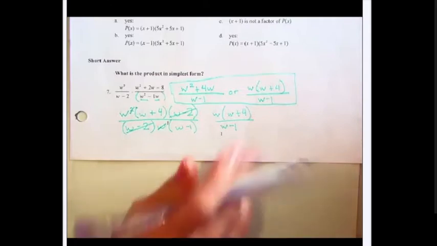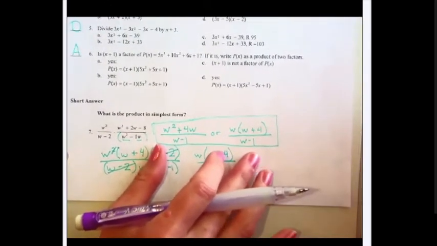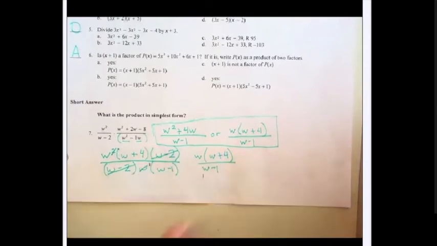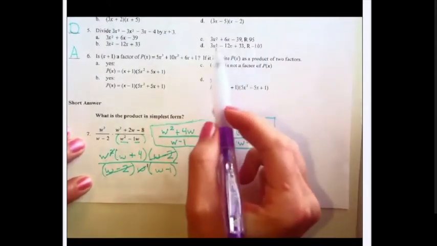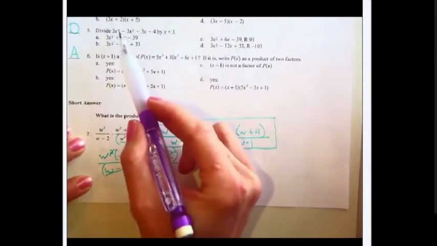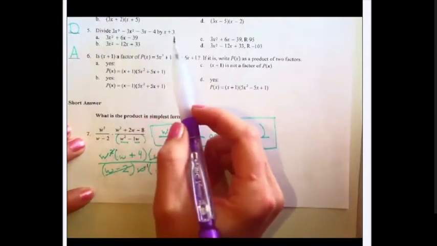Okay, let's slide back up to number 5. So it's been a while since we did anything that looks like this. I'm going to slide over so I can write. So on number 5, we're supposed to divide this whole thing by x plus 3.